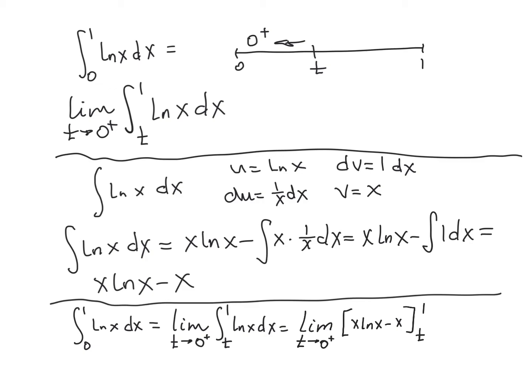Now we can plug in 1 for x first. We haven't taken the limit yet, so we keep the limit as t approaches 0 from the right. Plug in 1 for x, so it's 1 times natural log of 1 minus 1, and then minus, plug in t for x, so t times natural log of t minus t.